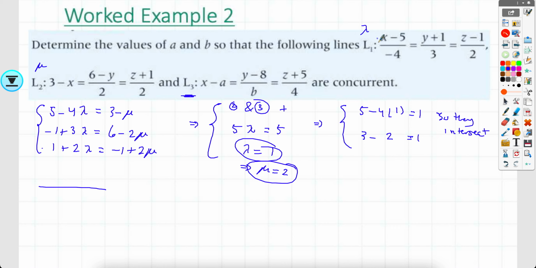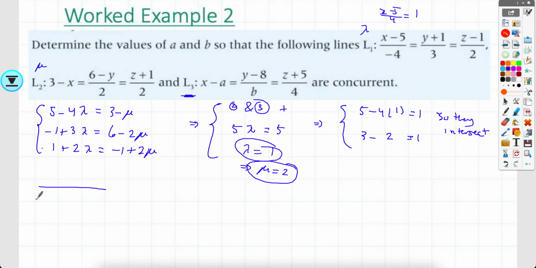I'll substitute it into my first equation, and that's going to give me the x, y, and z values. So you can substitute it here. What you do is you make this equal to lambda. Remember that all of these are equal to lambda, and then you solve it for x and so on for y and z.